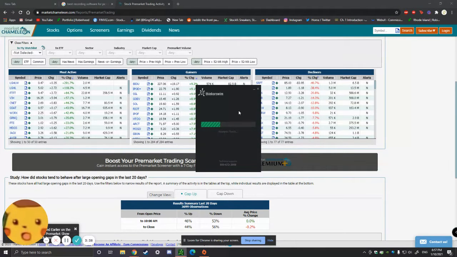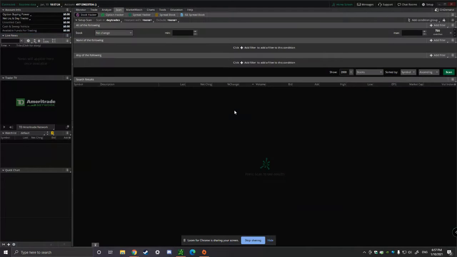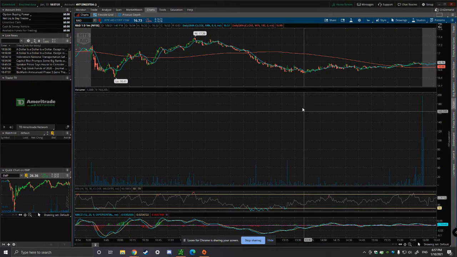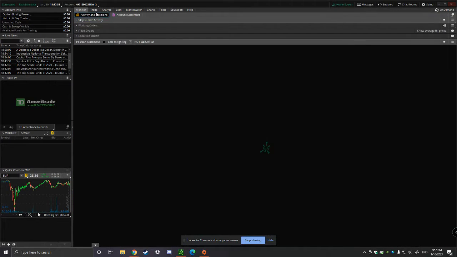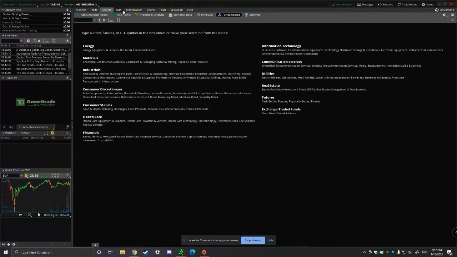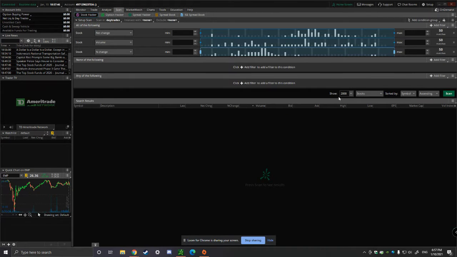you can come over here and look at your charts. Like I said, I don't use that much, but you can look at your options chains, your different sectors. You can click on find individual sectors. The main thing that I use on this is a scanner. You can set up which scanner you want.